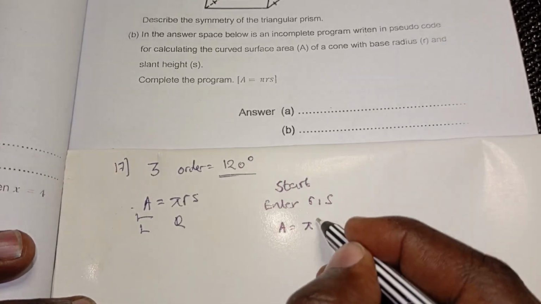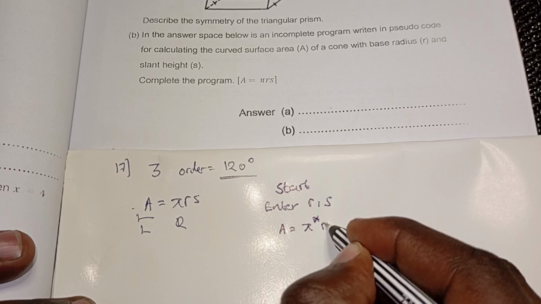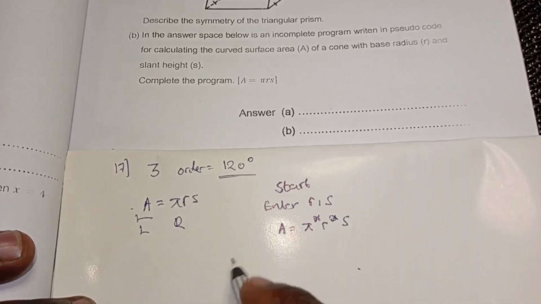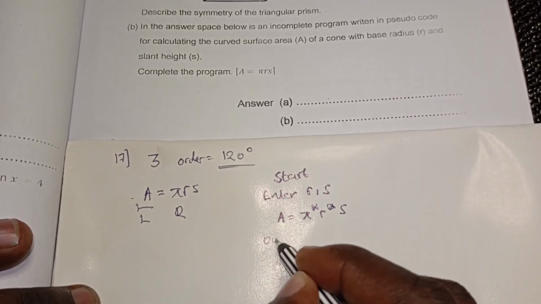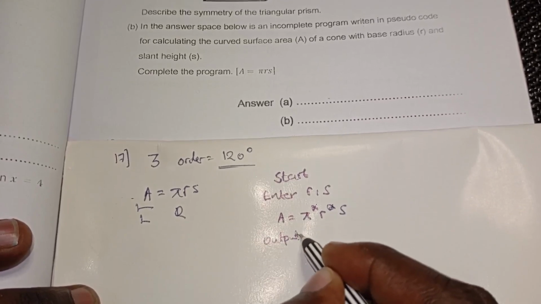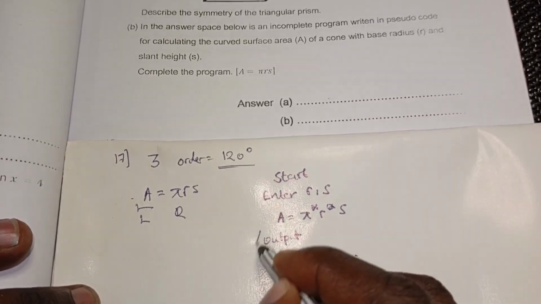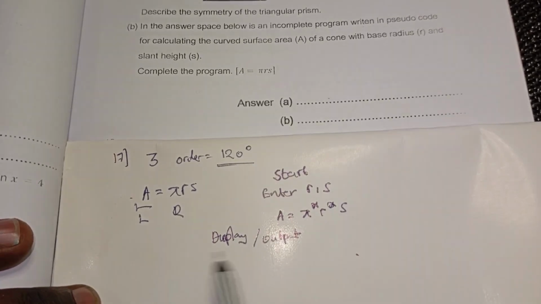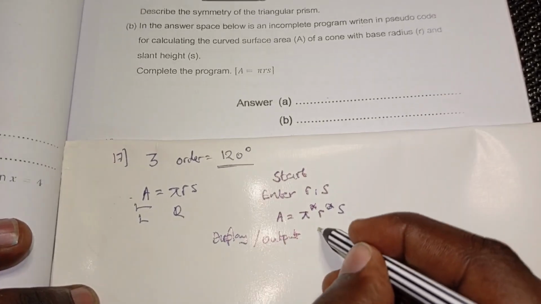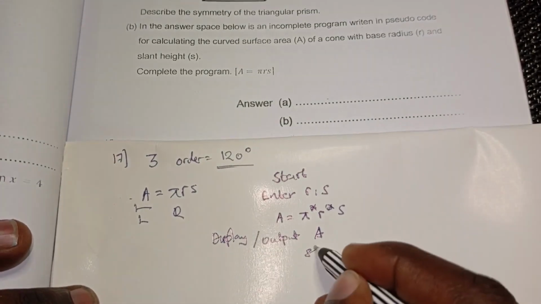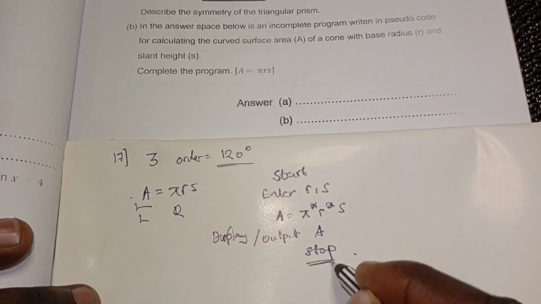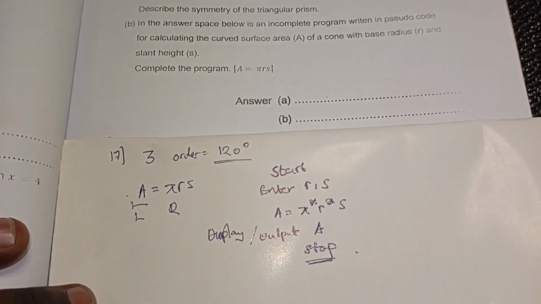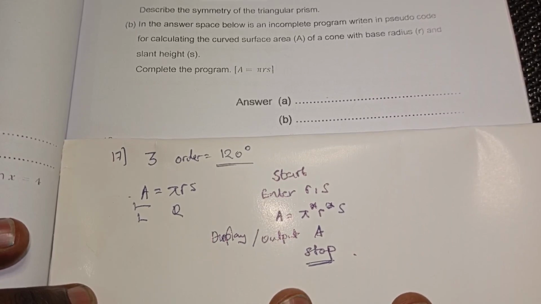To show that you're multiplying, we use the star: pi star r star s, and then output. You can use the word output or display. What are you displaying? What's on your left, which is A. And then you stop. And you're good to go.